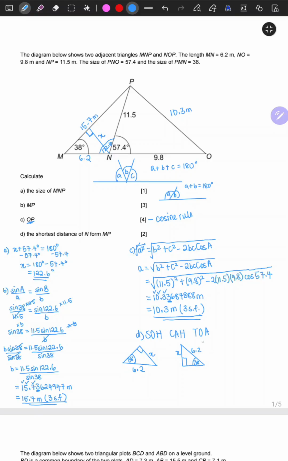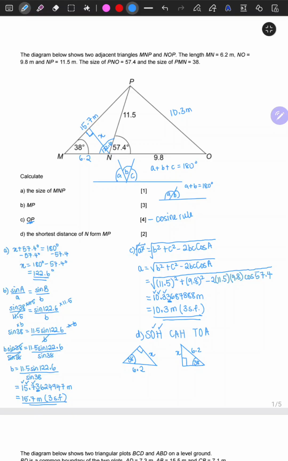So we have the opposite, we have the hypotenuse, right? In this case, we don't have the adjacent. The adjacent will be this other one, which is next to the angle. I hope that's making sense. So it's going to be this part which is here.